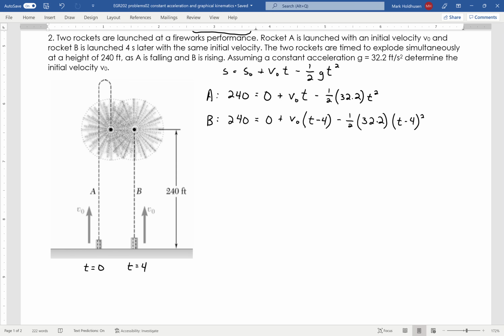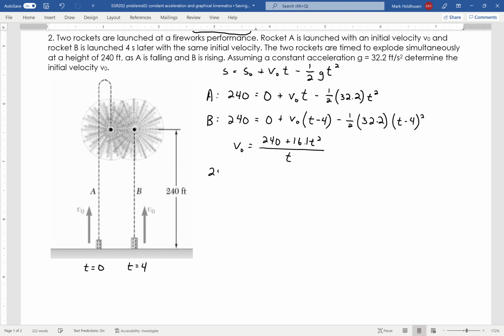Okay, so what I've done here is I've taken the top equation and found the initial velocity as a function of t, and I get v naught equals 240 plus 16.1 t squared, all over t. And I'm going to plug that into the second equation.